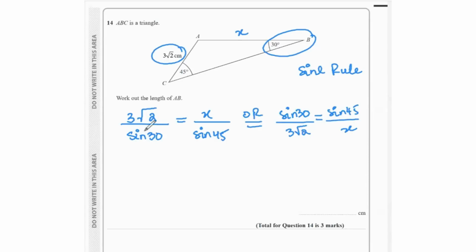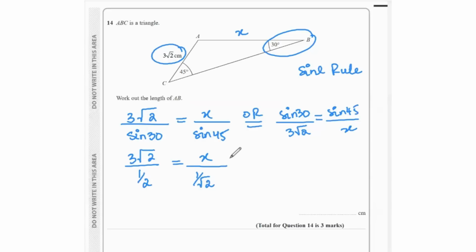So going back to the first equation, since we're not allowed to use the calculator, you need to remember that we need to know the values for trigonometric ratios. Sine 30 is basically 1 over 2. So we replace sine 30 with 1 over 2 over here. And sine 45 is 1 over root 2.